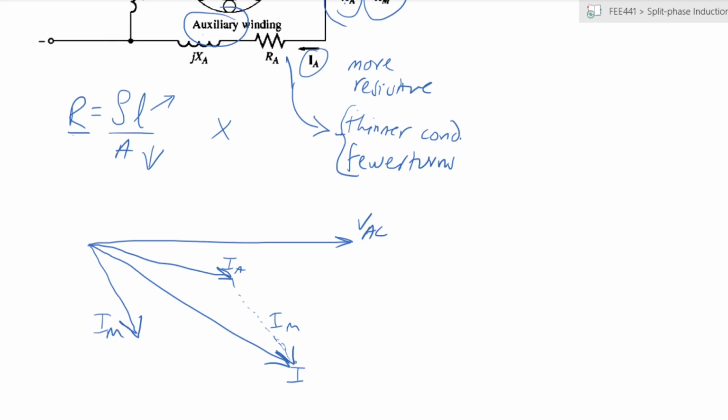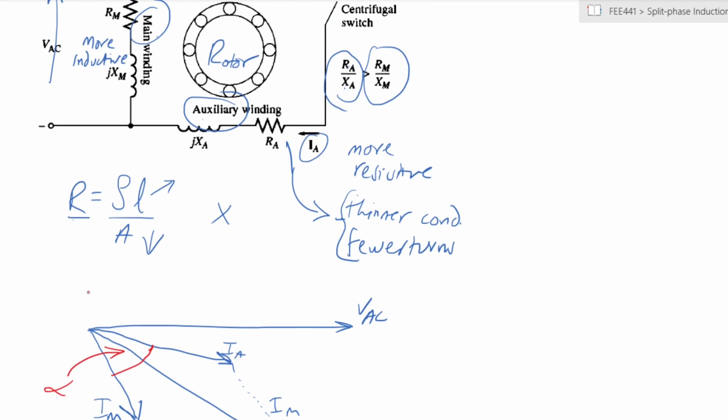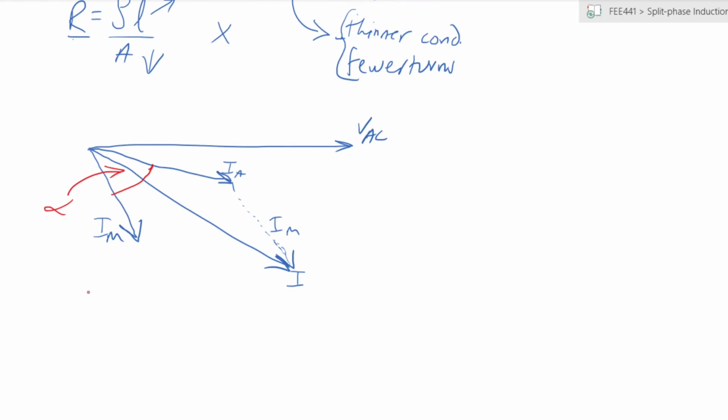Now if we look at the phasor diagram, we will notice that there is an angle between the main winding and the auxiliary winding that gives us a phase difference. This is the phase difference we were talking about in the previous discussion, whereby as long as the currents flowing in the two windings are out of phase with each other, you will be able to achieve a rotating magnetic field.